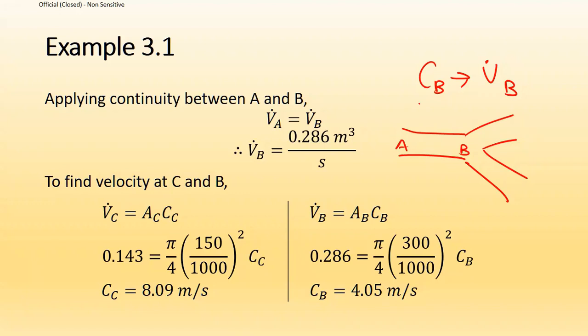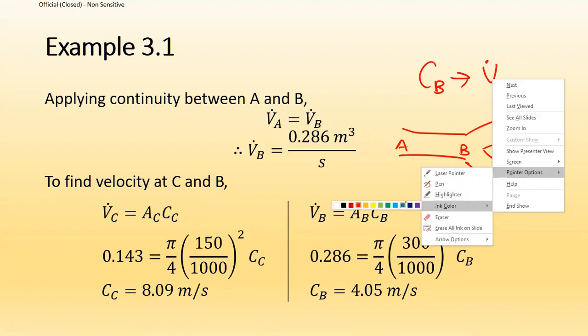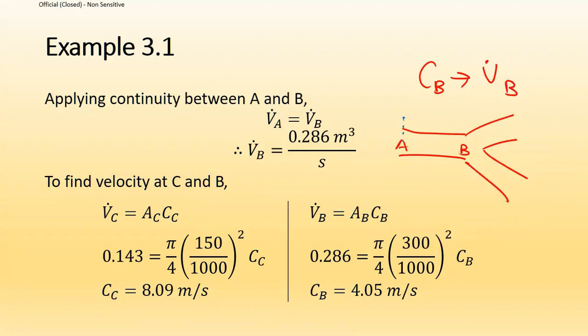If we apply continuity between A and B, that means whatever goes in through A must come out from B, because there's no other network. Whatever comes in from here must go out from here. So V dot A is equal to V dot B, therefore V dot B is also 0.286.